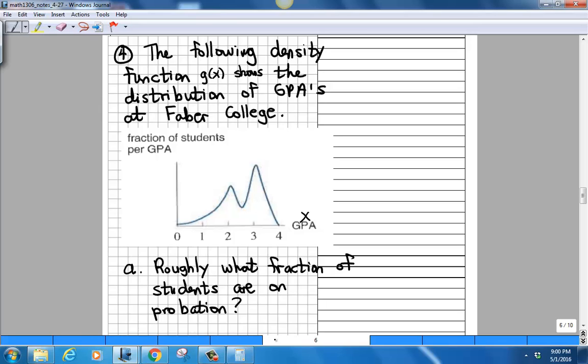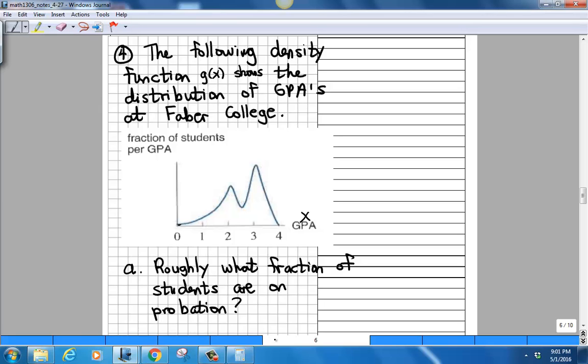The area beneath this particular density function is 1, and this area represents the population of students at Faber College. The characteristic we're interested in observing for that population is their GPAs. This curve is drawn a little bit inaccurately.